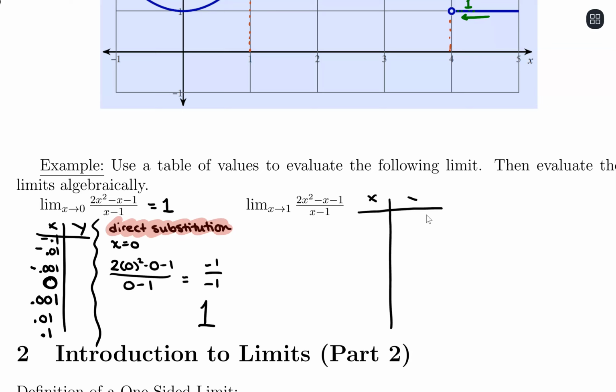So what I'm going to do is use the same table that I have. I'm just going to change my x values. So I want to look at what's happening close to 1. Let's see if I can do this right. This time I'll have 0.999, 0.99, 0.9. So things just to the left of 1, and then just above would be 1.001, 1.01, 1.1.